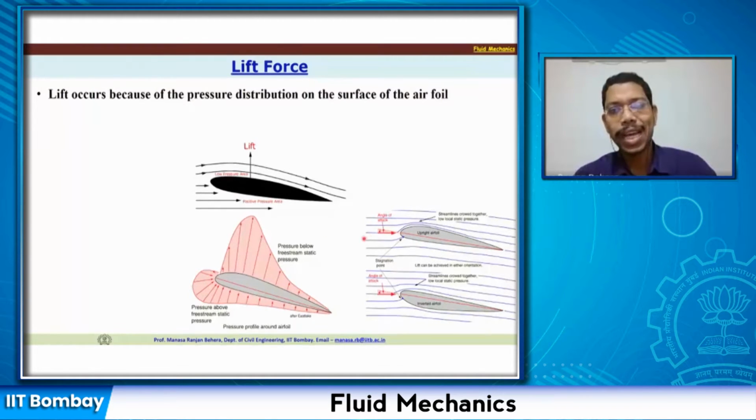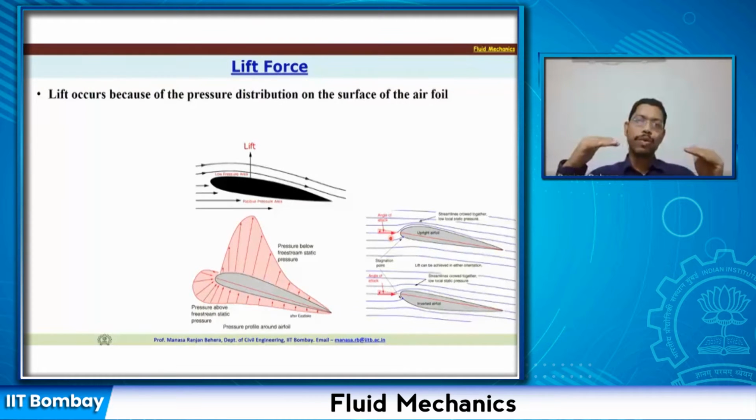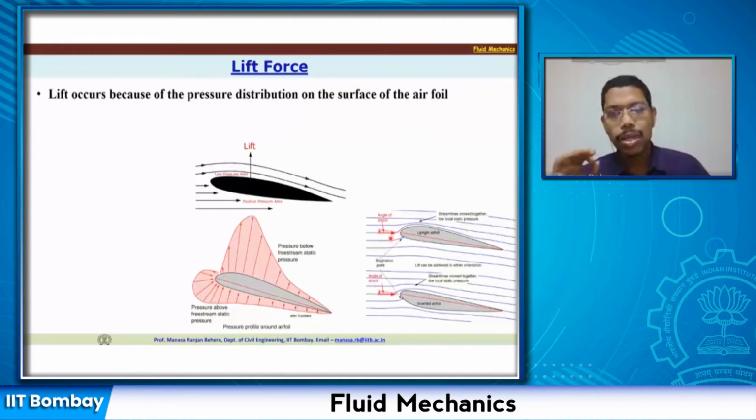That angle is nothing but your angle of attack. This angle is with respect to the flow direction, not with respect to horizontal. So the angle is with respect to the flow direction. If the flow is coming from this direction and the object is inclined at an angle, then that is your angle of attack. Okay.